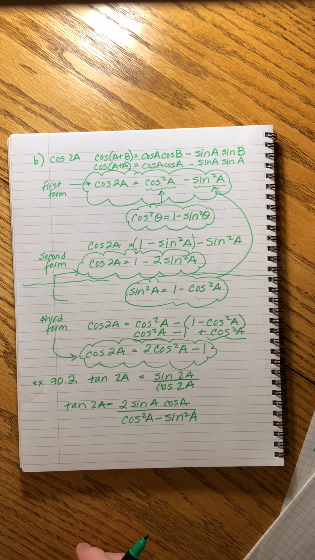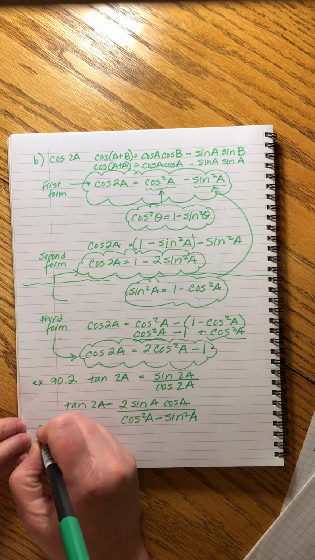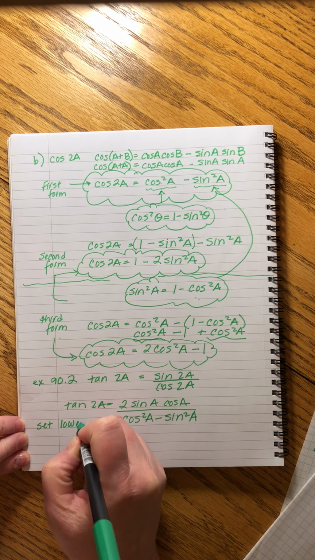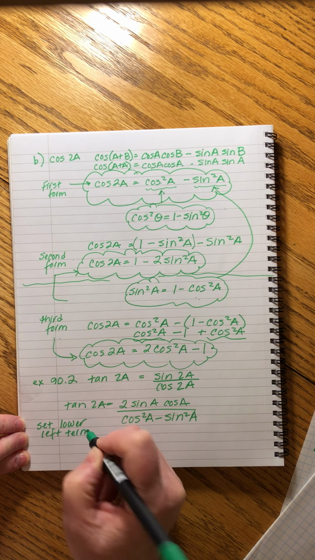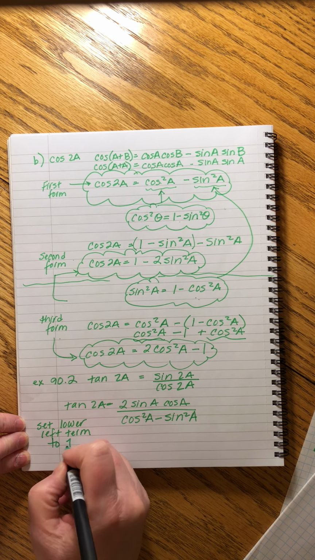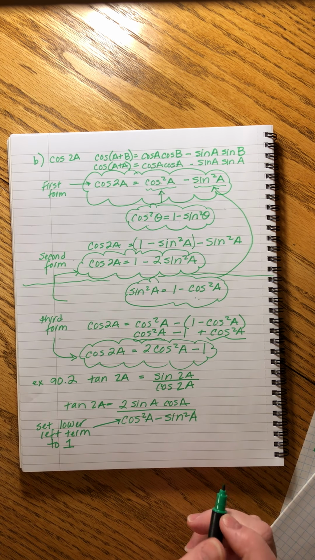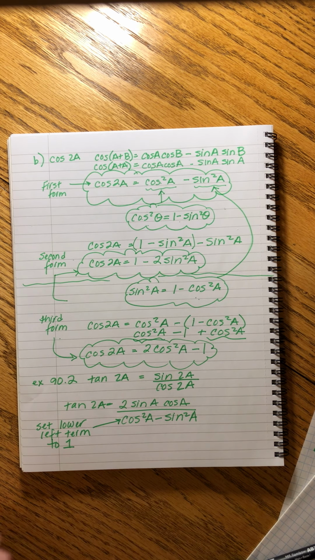Right? That looks good. That looks really good. The only problem is with tangent identities, we always want to set the lower left term to 1. That one right there. So this is where I'm going to use a different color pen. Here's my orange one.